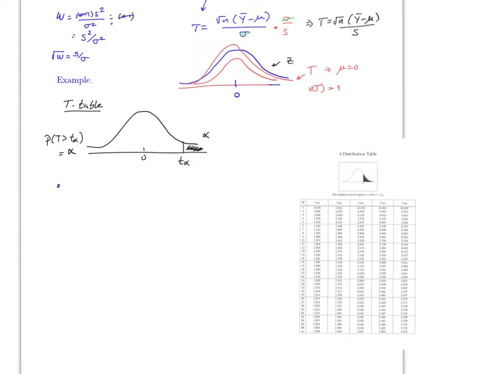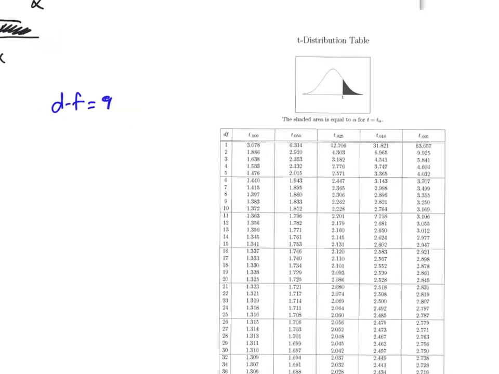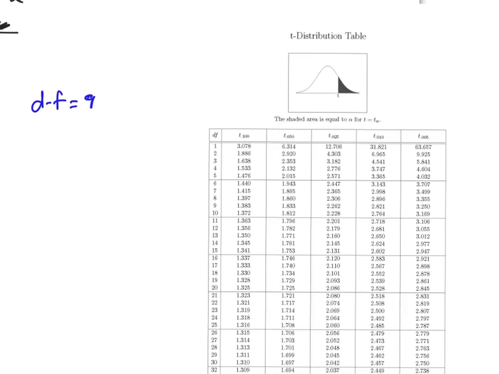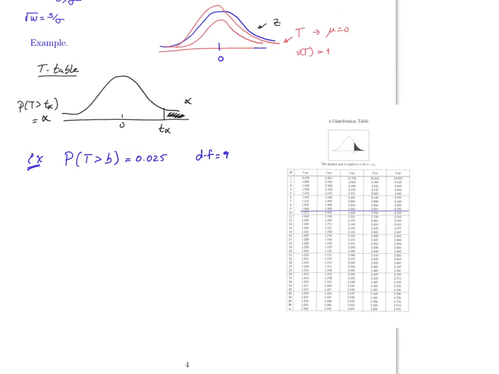Let's say the question is asking you to find the value of B such that the area on the right side is 0.025, if the degrees of freedom is, I don't know, 9. Then you just look to the table, look for 9 degrees of freedom, which is here, and then you want the area to the right.